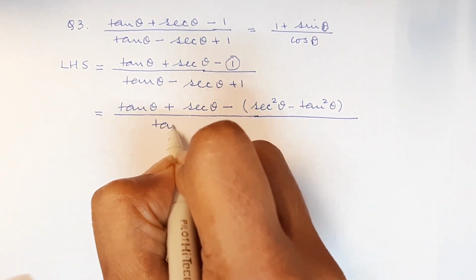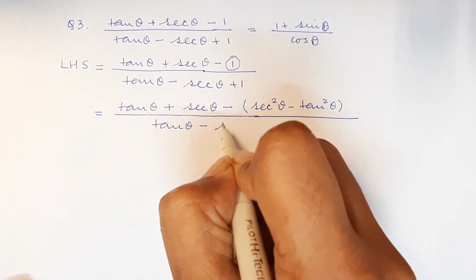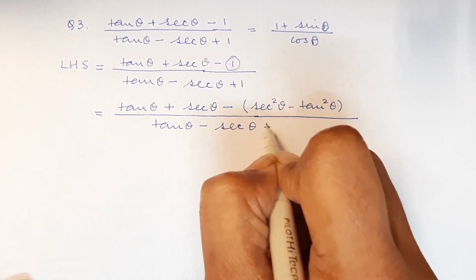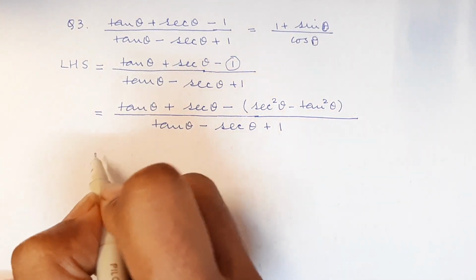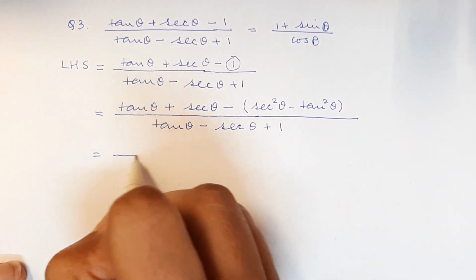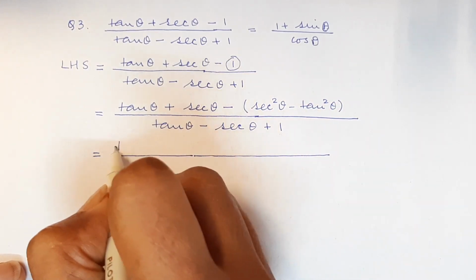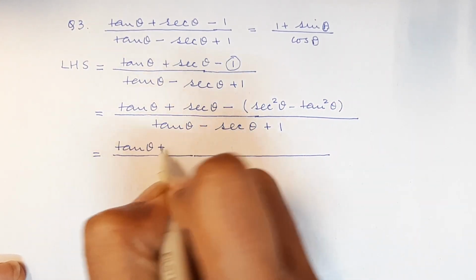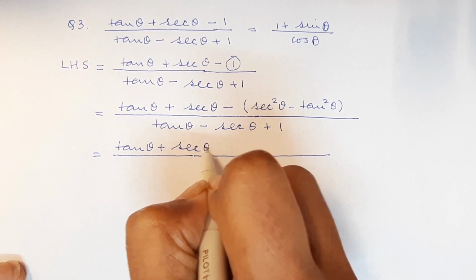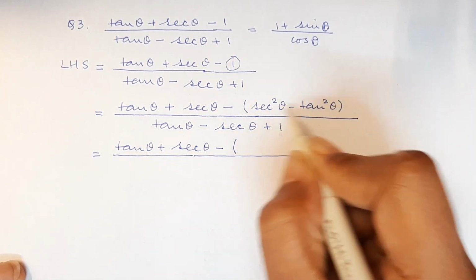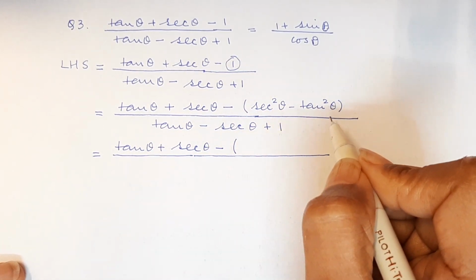And the denominator remains as it is, don't touch it. Okay, now in the numerator we just simplify this. So it becomes tan theta plus sec theta minus, now can you see this is like a square minus b square?